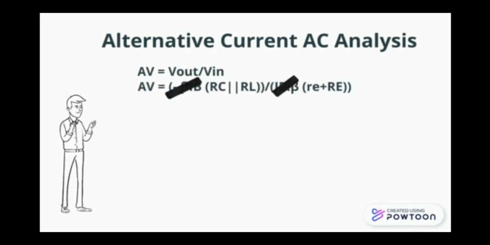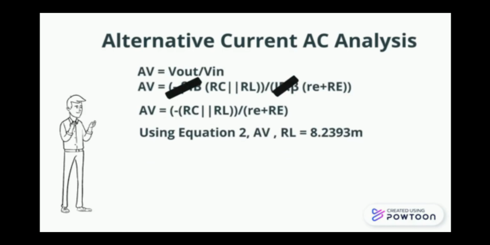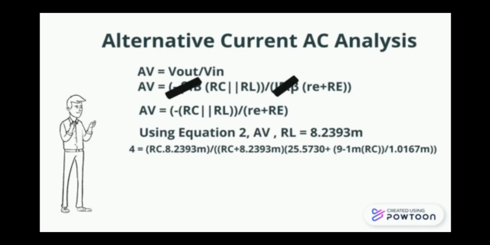Therefore, we use equations 3 and 4 to find our AV. By using equation 2, the value of AV that we get from the equation, and the determined value of RL, put together with the formula for AV, we can find the value for the collector resistor RC.